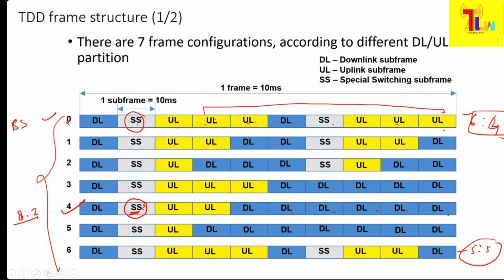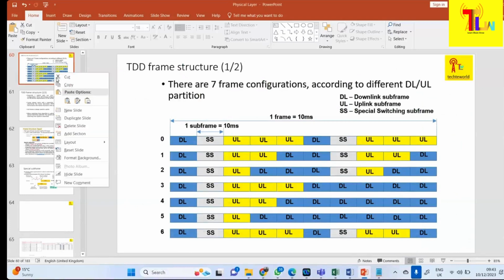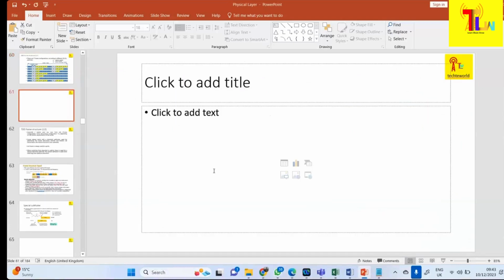So we need a special switching subframe from D to U, but from U to D, no need. There is a reason behind that.